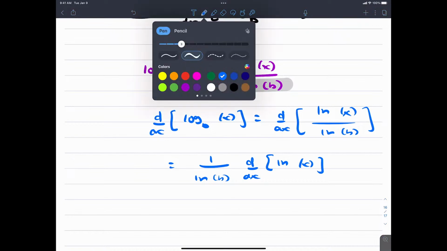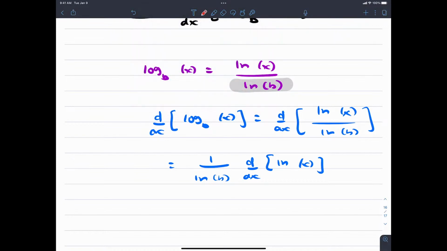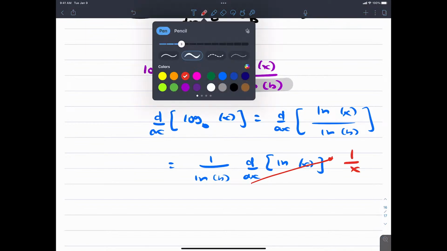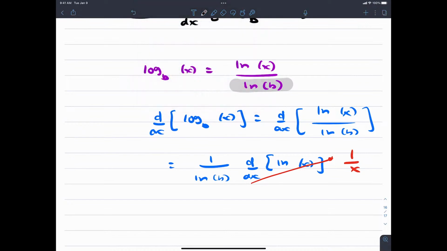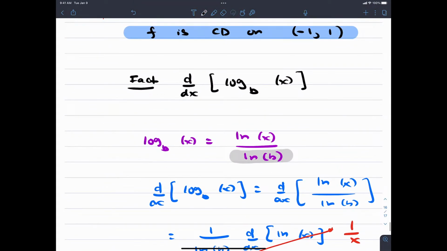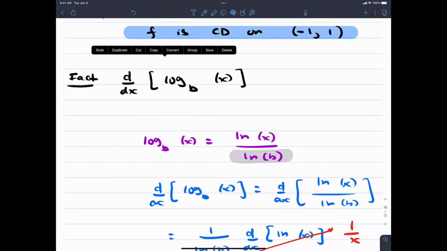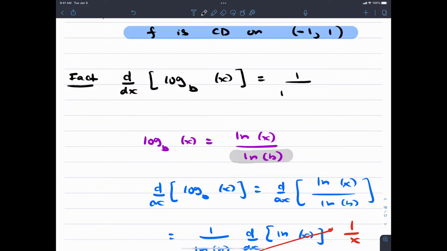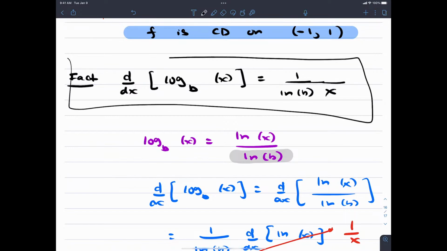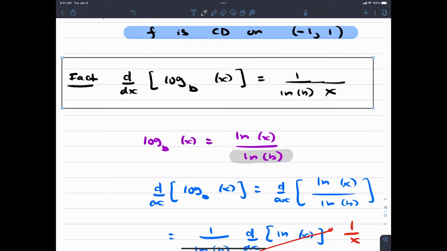You know what that is? We already have a formula for that. It's 1 over x. So the fact I want to give you is the derivative is just going to be a multiple, with the x down here.